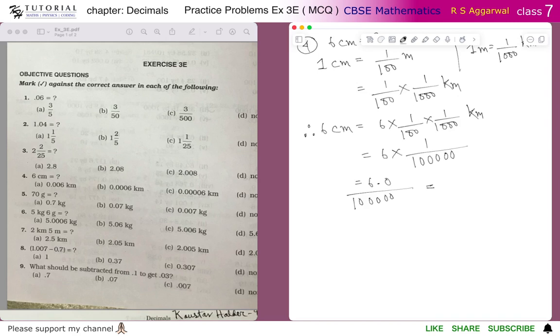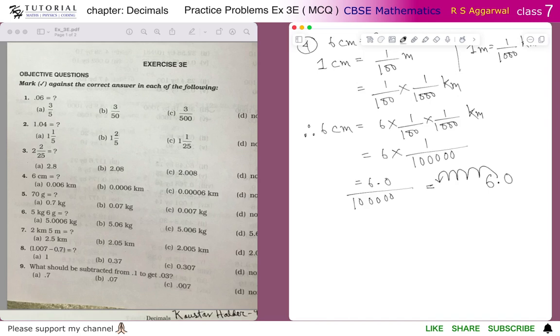The way we do it is by jumping. Since there are 5 zeros, we have to shift the decimal point to the left 5 places. So we will do 5 jumps: first, second, third, fourth, fifth.